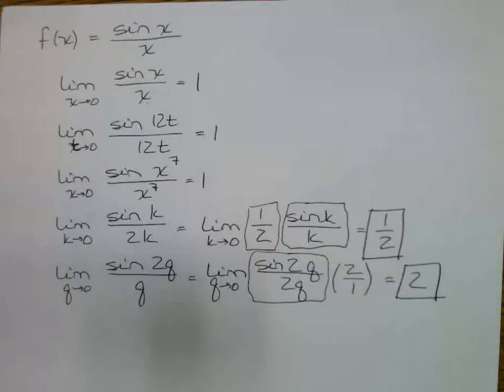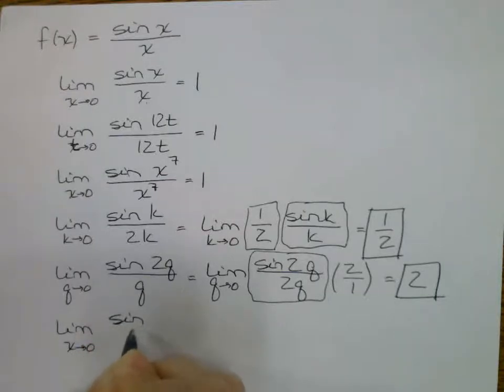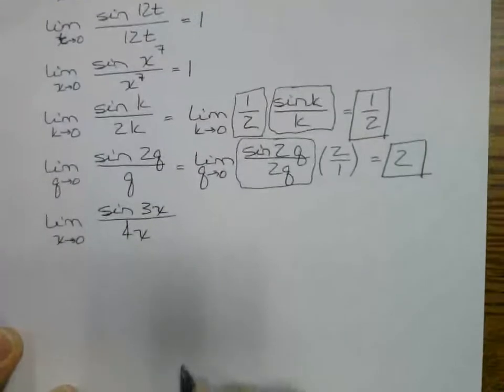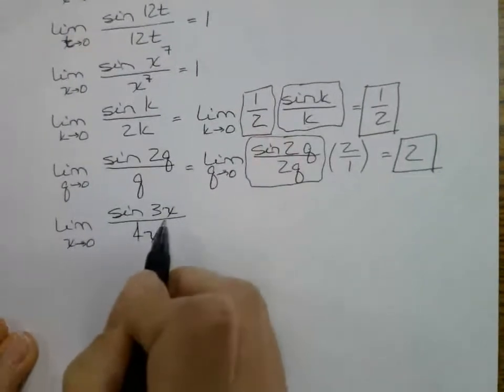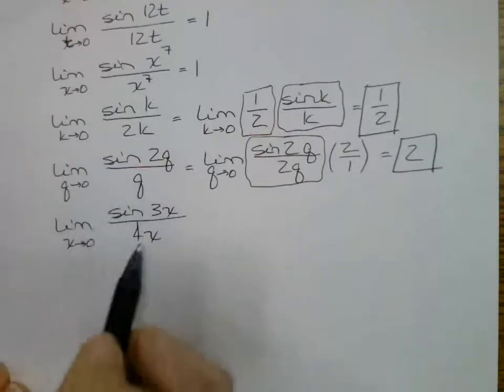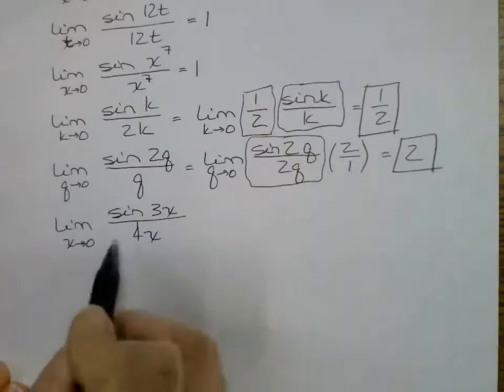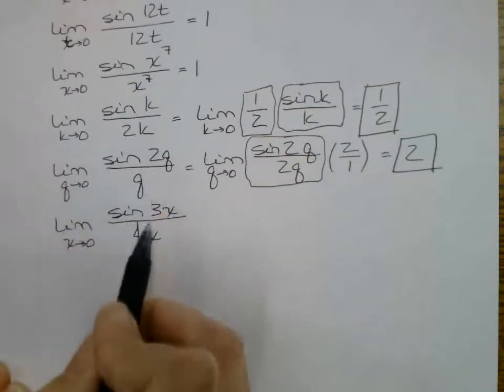Well, if we put these last two things together, if I want to do the limit as x approaches 0 of, say, sine 3x over 4x, then we saw from the one immediately above that 3 is going to become part of the limit. The 3 is on the top, the 4 is on the bottom.